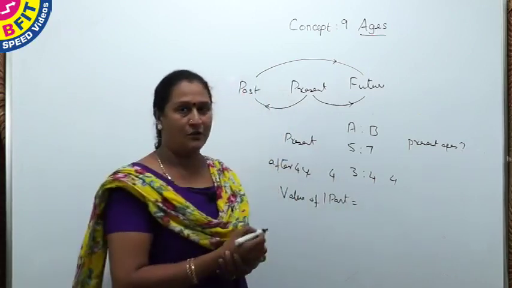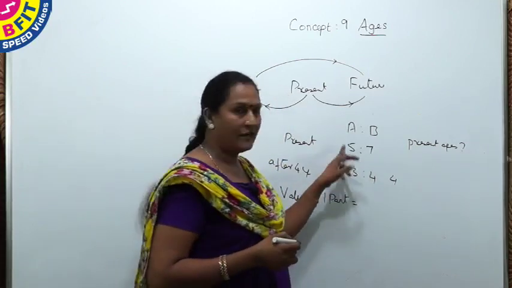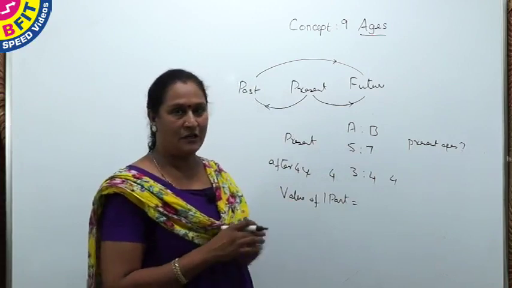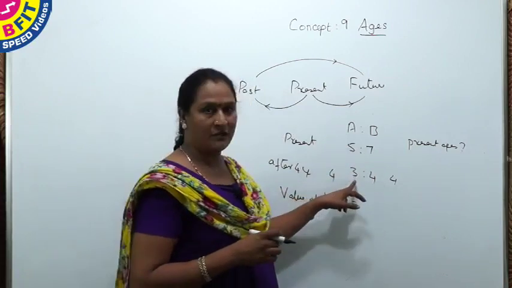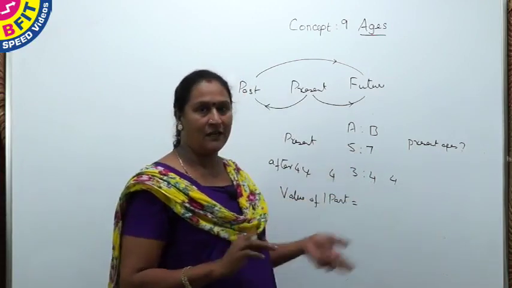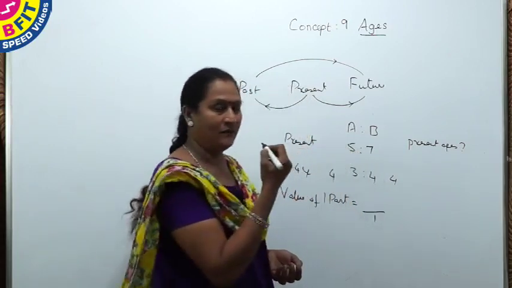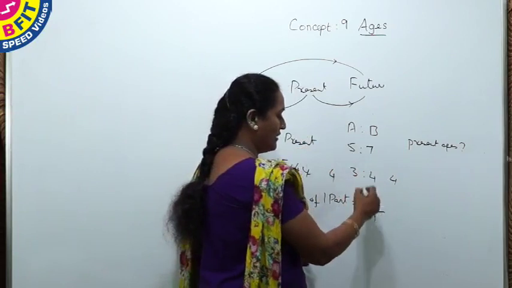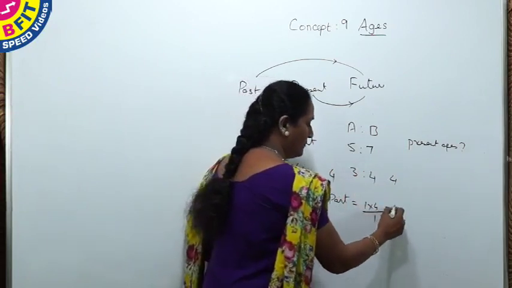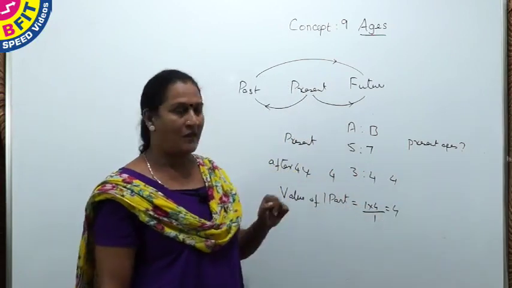To find the value of one part, the product difference of the ratios will be the denominator. So 7 into 3, 21, 5 into 4, 20, 21 minus 20, the denominator is 1. And the difference of 3 and 4 is 1, into 4. So immediately we have got the value of one part.